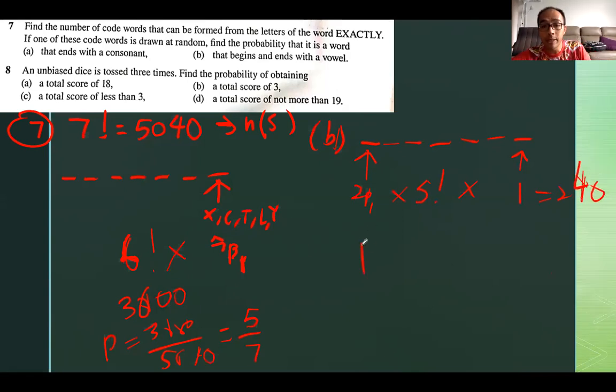So the probability of this is 240 over 5040, which will give you 1/21.